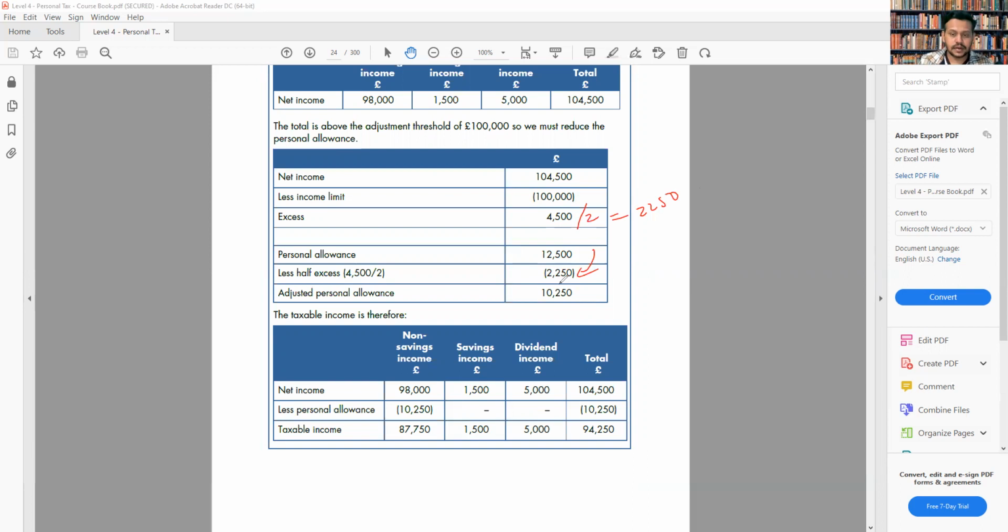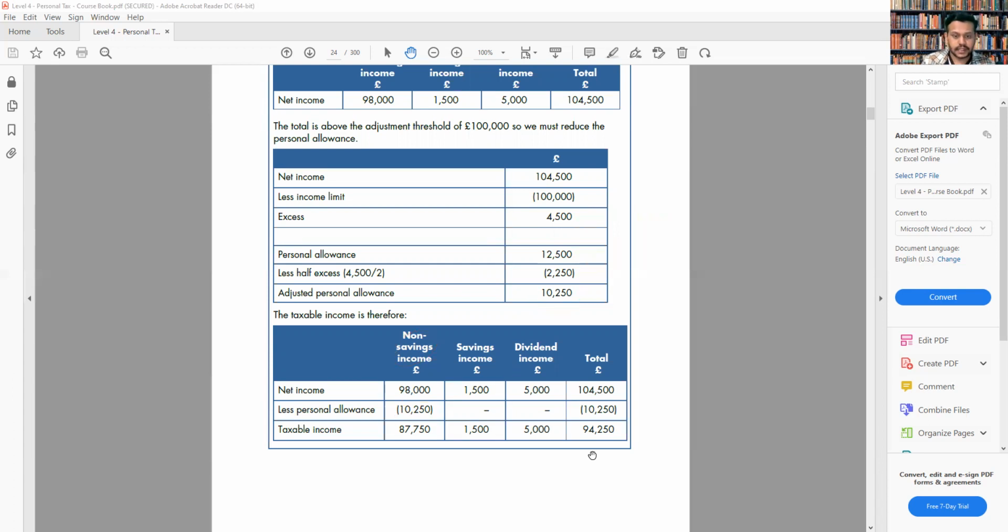The new adjusted personal allowance will be 10,250. So if your income is more, you might lose all of your personal allowance. After that, you can adjust it from the net income. From the non-savings, you can minus only 10,250, not 12,500 anymore.